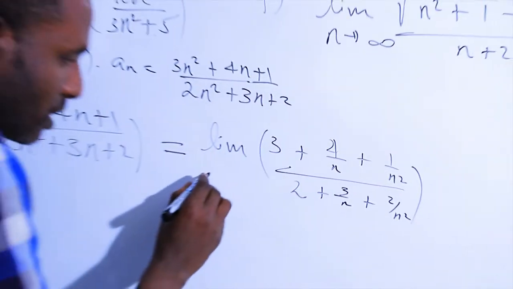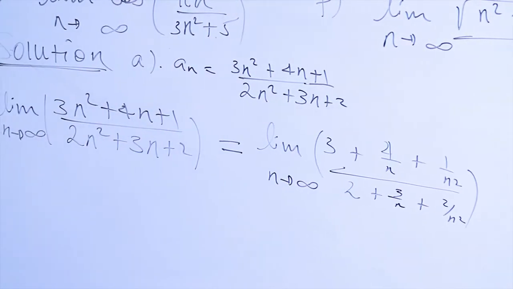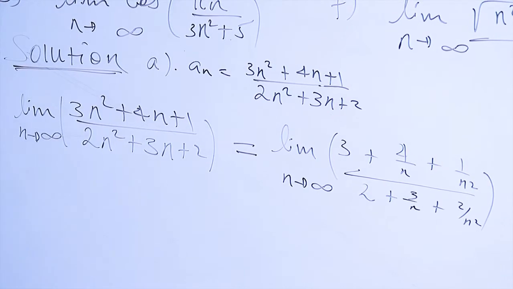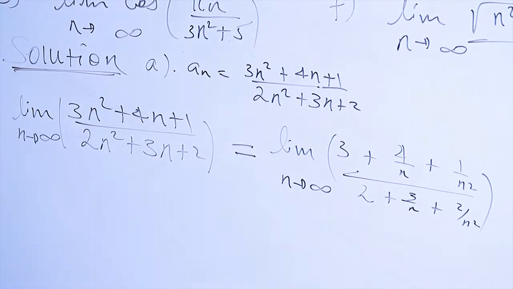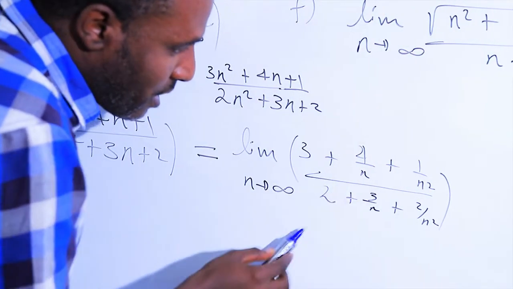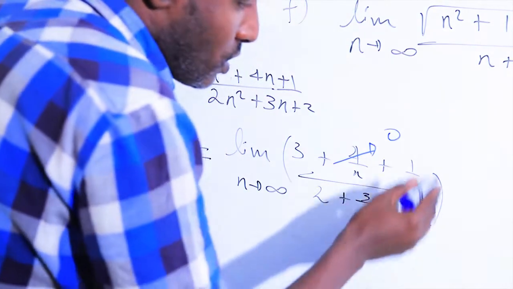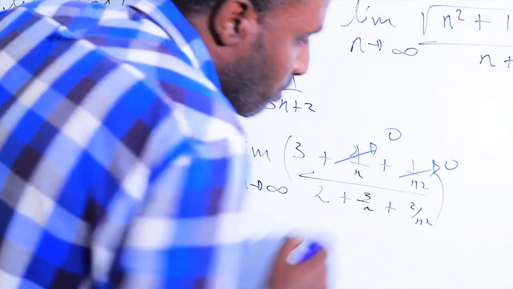We can evaluate this as n approaches infinity. When you observe here, 4 over n as n tends to infinity becomes 0, and this term also becomes 0.